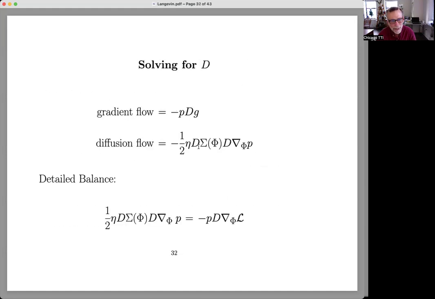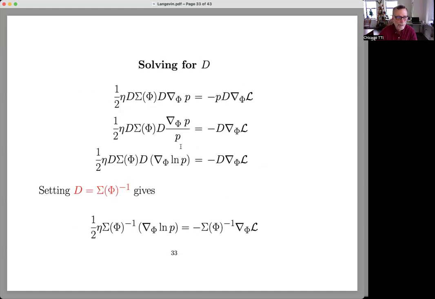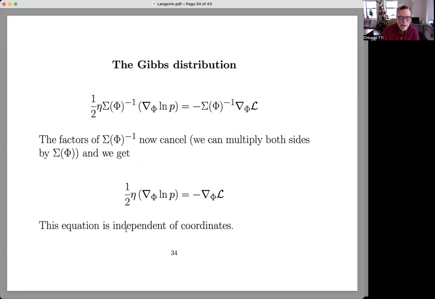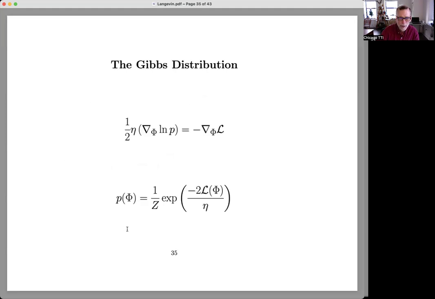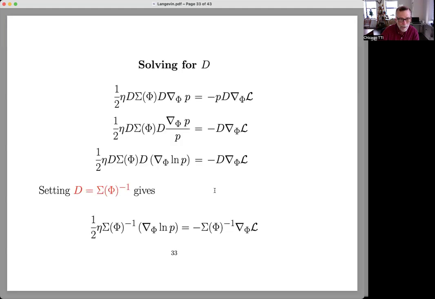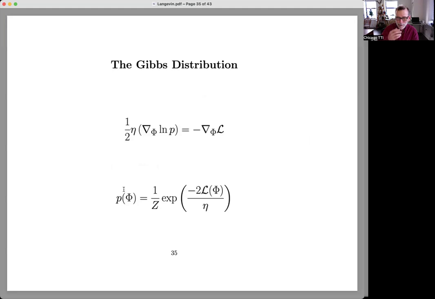And the bottom line, I'll just go to the bottom line. If we take D to be the inverse of the covariance matrix of the gradient samples, then it works. Then we get a Gibbs distribution. So we can solve for D and get a Gibbs distribution.